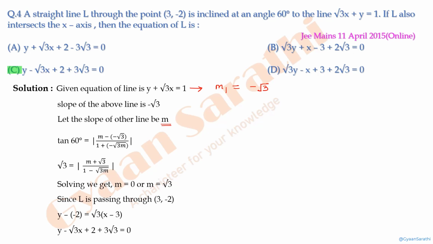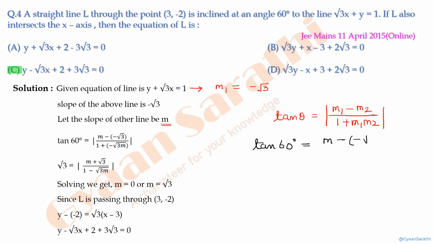Now we had studied in the previous video that if the angle between two lines is theta, then I can write tan theta equal to modulus of m1 minus m2 upon 1 plus m1 m2. In this case we have theta to be 60 degree, so I can write tan 60 degree is equal to, in place of m1 I am taking m, and in place of m2 I am taking minus root 3.